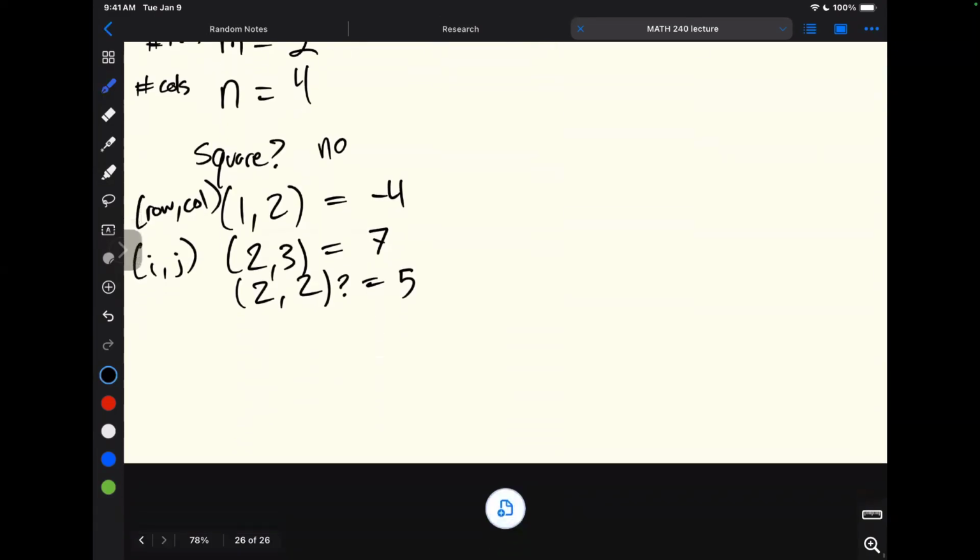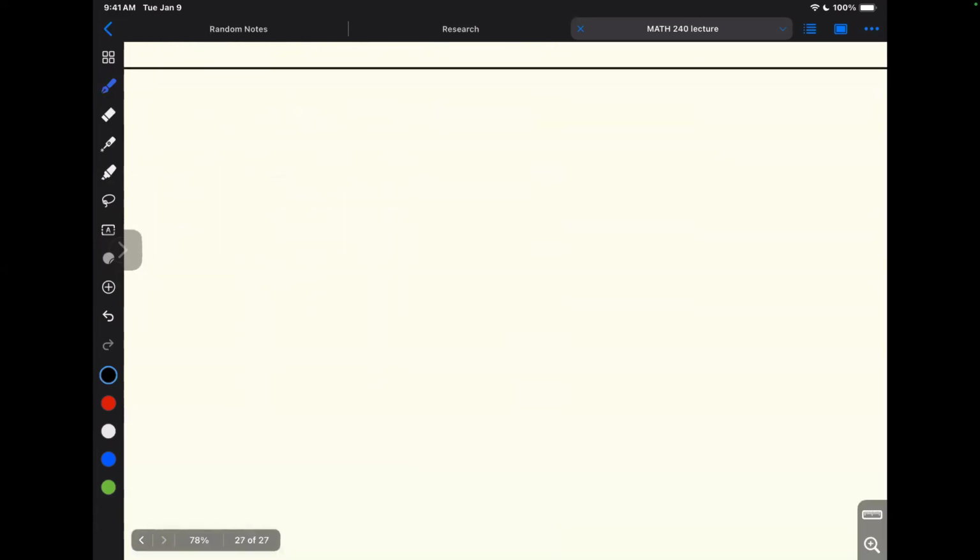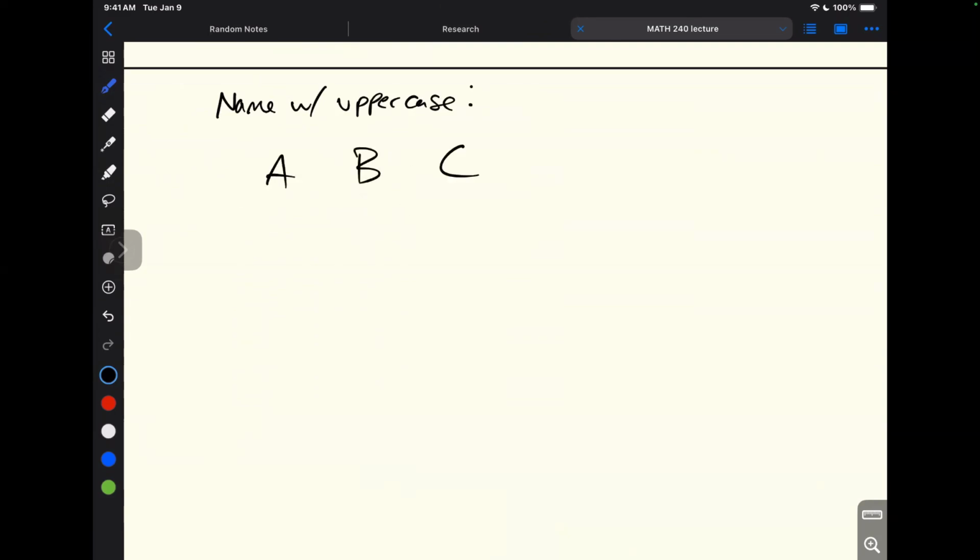All right. Great job. When we name a matrix, we typically name it with an uppercase letter. So you'll see A, B, C, or D. M is also really common. I think you can guess why.